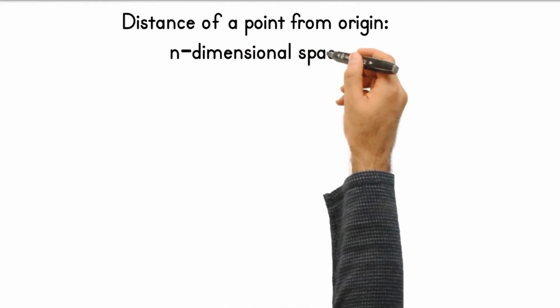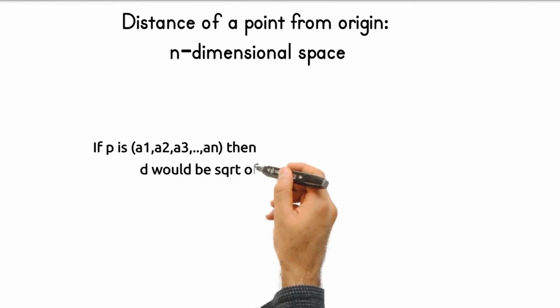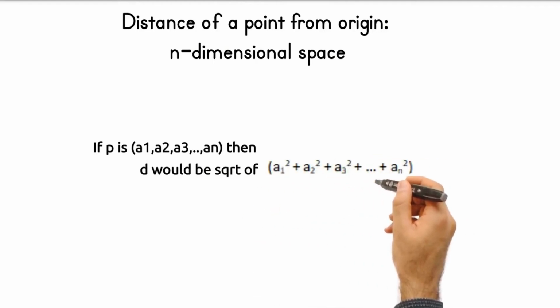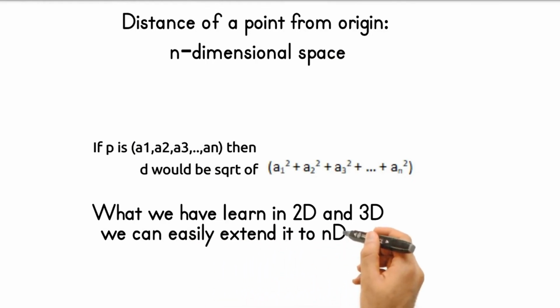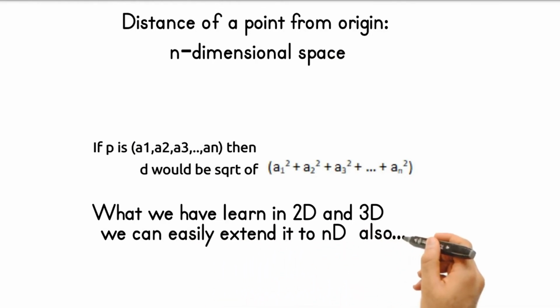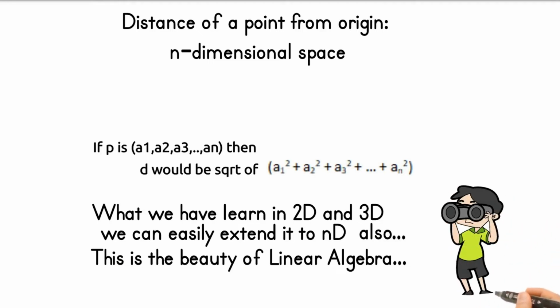For an n-dimensional point, let's say P is equal to A1, A2, ..., An, the distance D would be square root of A1 square plus A2 square plus ... plus An square. What we have learned in 2D and 3D, we can easily extend to n-dimensional also. This is the beauty of linear algebra.